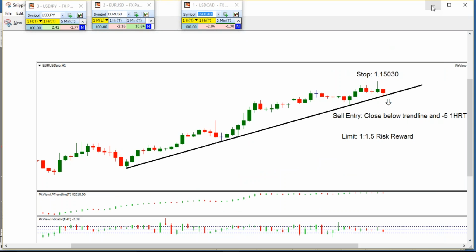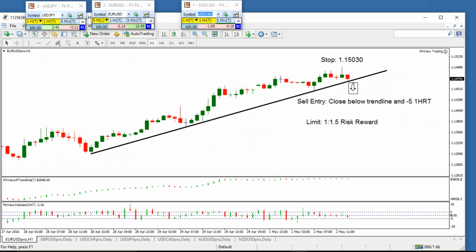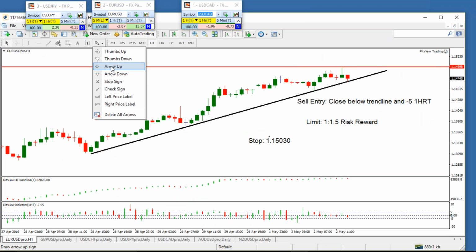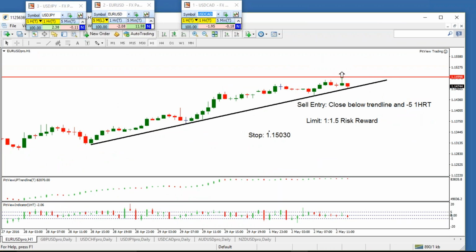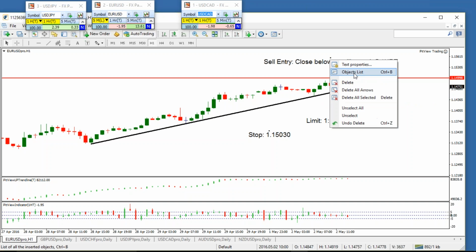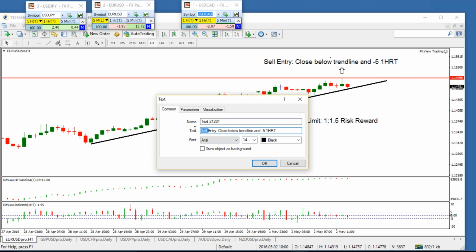But on the flip side of that, all we've got to really do is just delete that thing right there. We can bring all these things down. And then put an up arrow. And then just edit this to buy entry. Close above the 1.15 level, which is right where it hit its head.